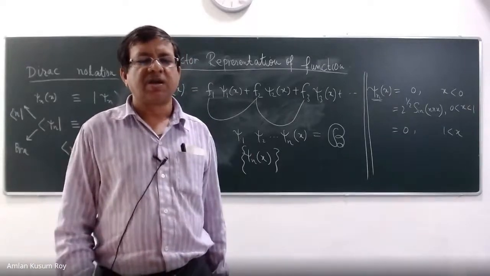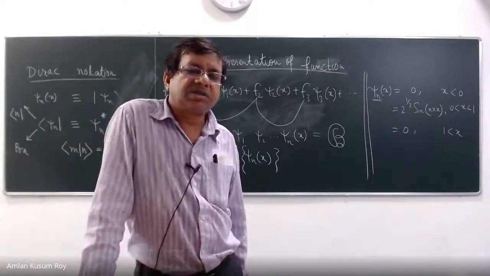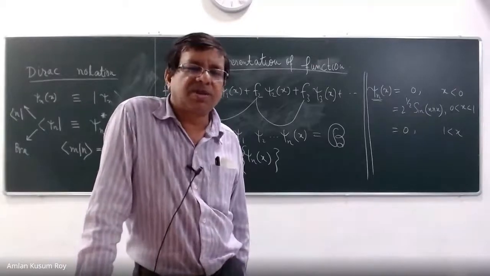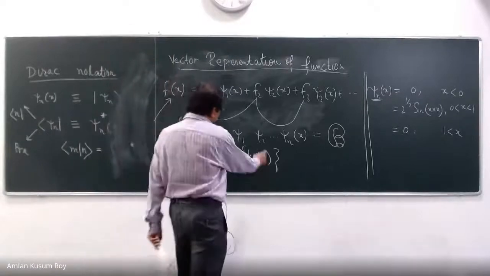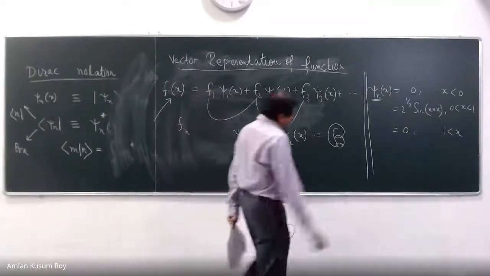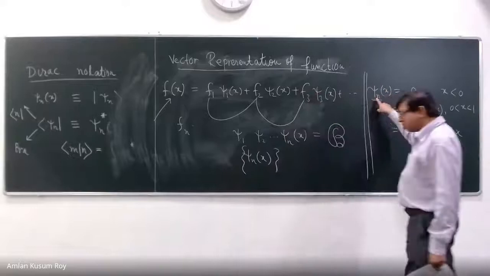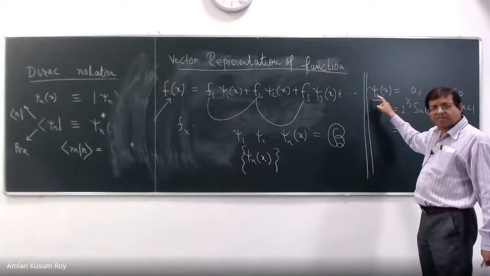You can choose that. So that is why we say that the basis is complete. What is the meaning of the word complete? That means if you take the complete set of eigenfunctions, all the psi n(x), not just 1, 2, 3, 4, complete means all.